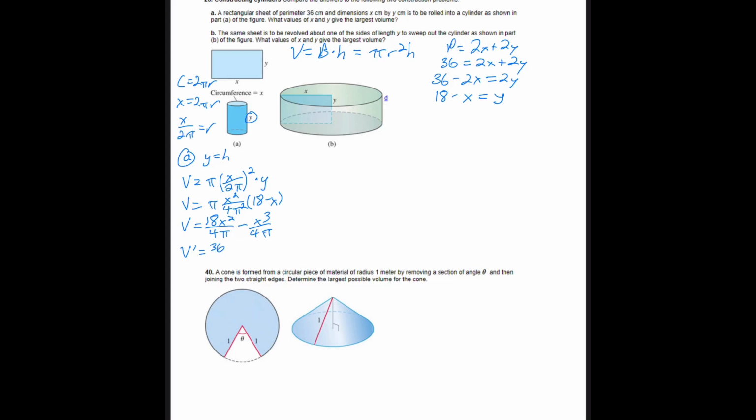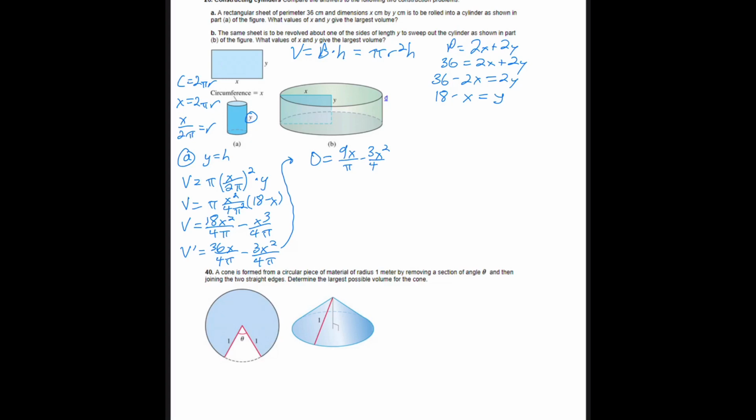Okay, and now what we want to do is, if we simplify this, take the derivative. So v prime would be 36x over 4 pi minus 3x squared over 4 pi.